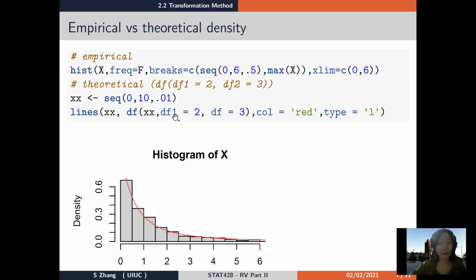You need to specify the 2 degrees of freedom parameters for the F distribution here. So the first one is 2 and the second one is 3, as we have indicated here. And we can see that again, the empirical distribution and the theoretical distribution agree, meaning that the x samples that we have obtained from the chi-square samples, our y1, y2s, indeed follow the F distribution with 2 and 3 degrees of freedom.